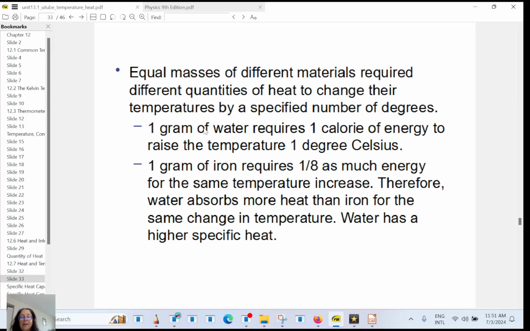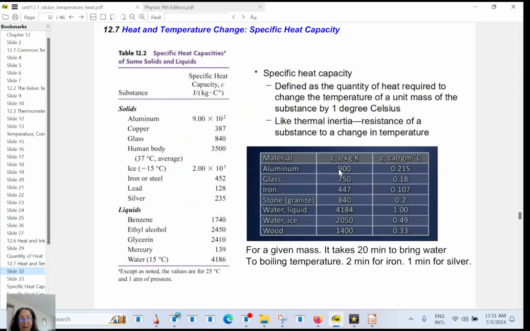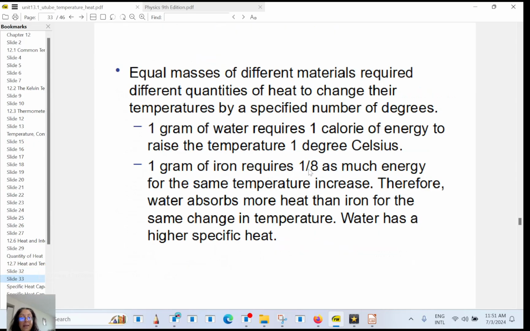So again, 1 gram of water requires 1 calorie of energy to raise the temperature 1 degree Celsius. If you compare that to iron, if you compare the two numbers, the ratio is about 1/8.